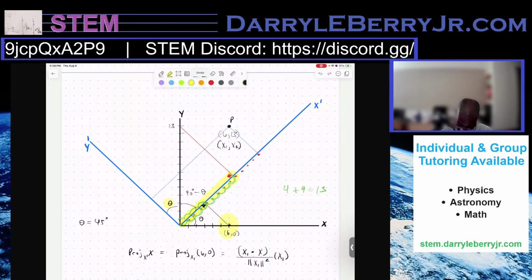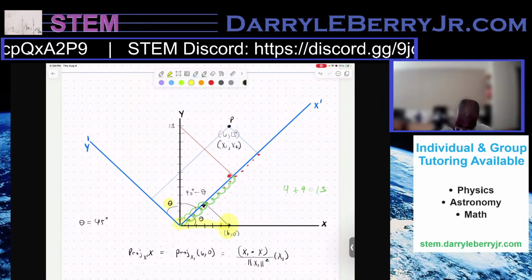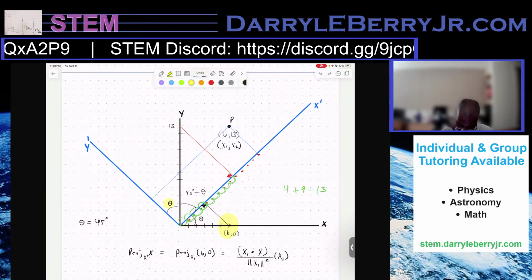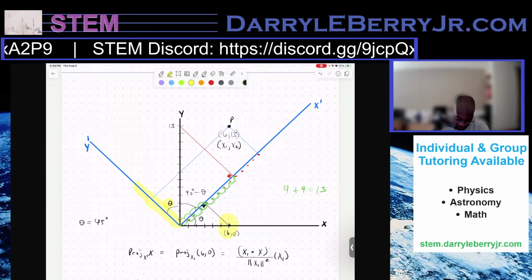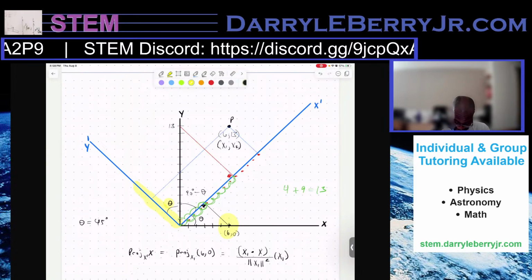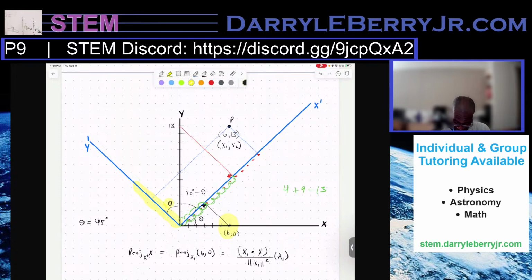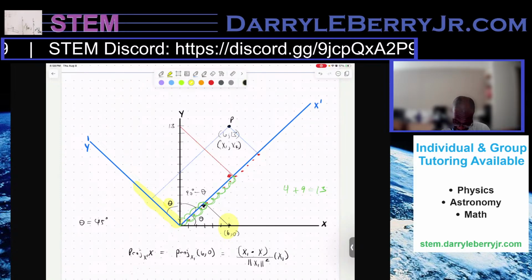Put x onto y prime is that. Y onto y prime is this. That is definitely longer than the y value, the y prime value of that coordinate.